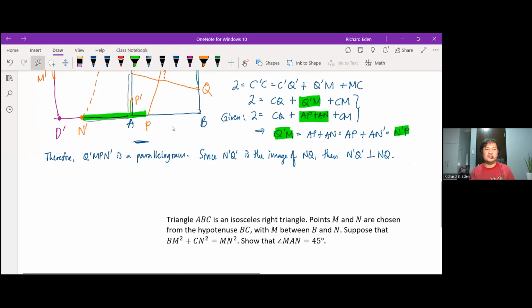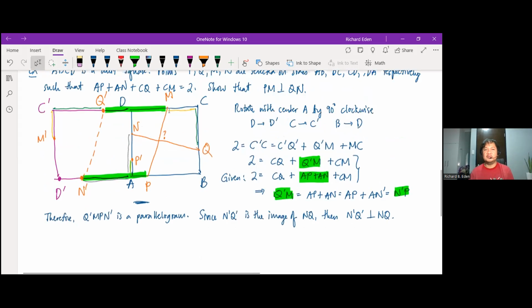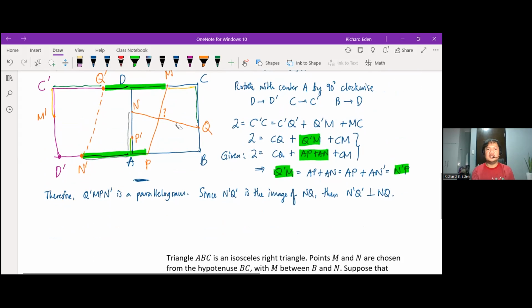So when we think of them as perpendicular, it means really that we are looking at the lines containing them. That's what we mean when we talk about two segments being perpendicular or having an angle of 60 degrees between them. You're looking at the angle formed when you do the extension if necessary. So you extend them to a line. All right, so N prime Q prime and NQ are perpendicular.